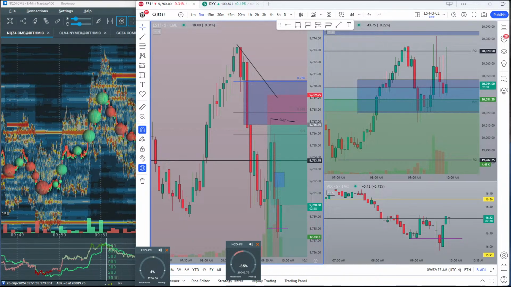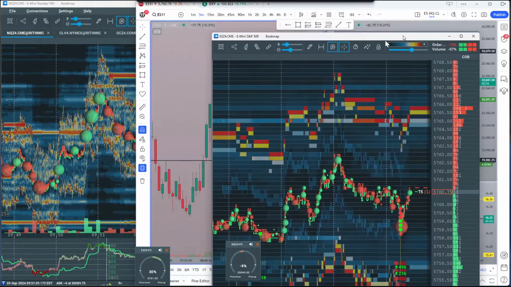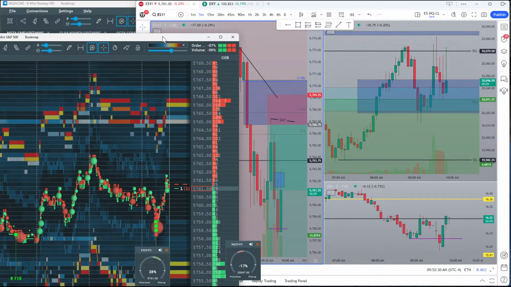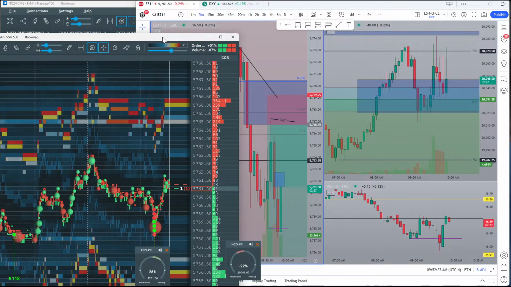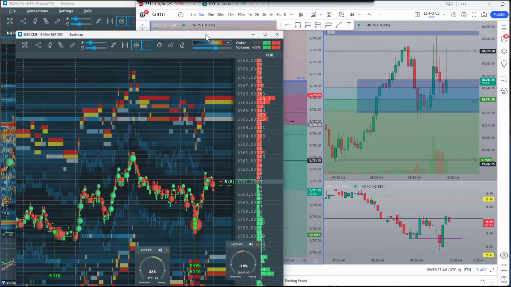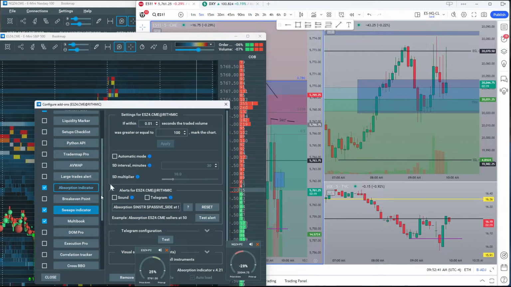A lot of absorption just came into the market right there on ES. So let's see if we want to push up from that. I guess I should also adjust our sweeps indicator.